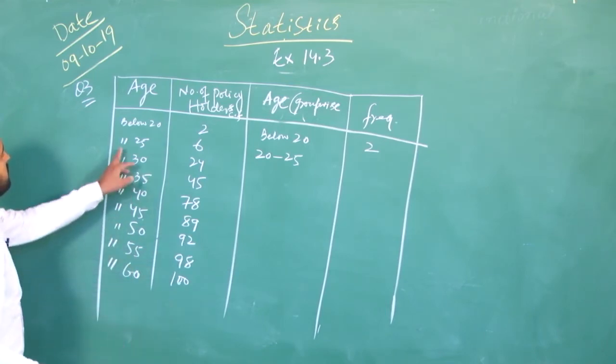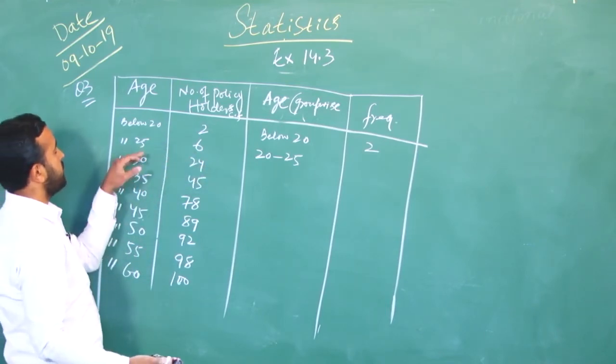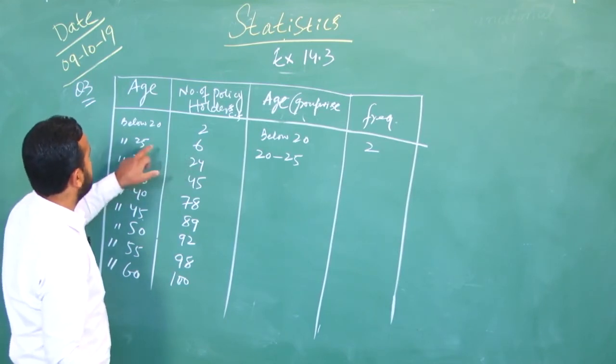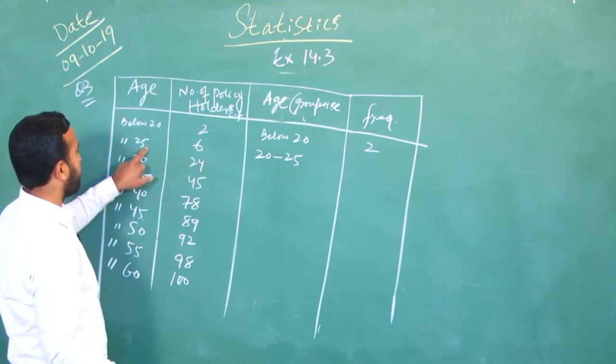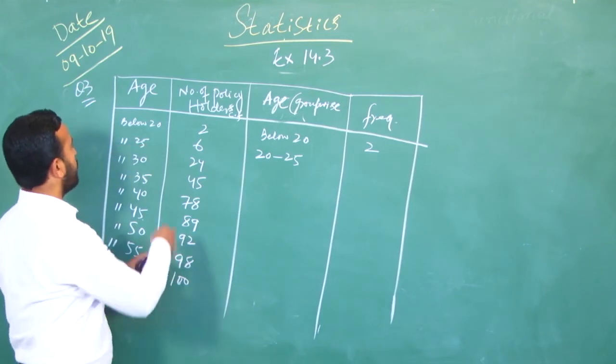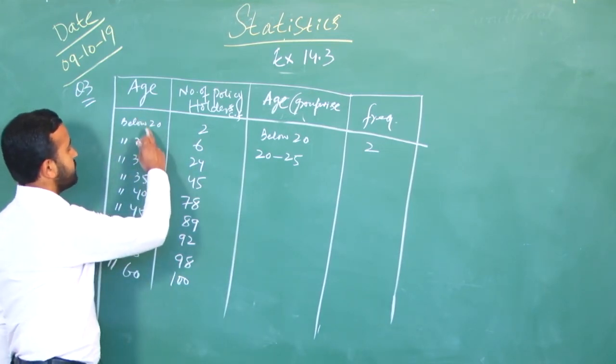And the cumulative frequency corresponding to this group is 6. This 6 means the policymakers in the age group of below 25, that will include the previous group, that is below 20, as well.